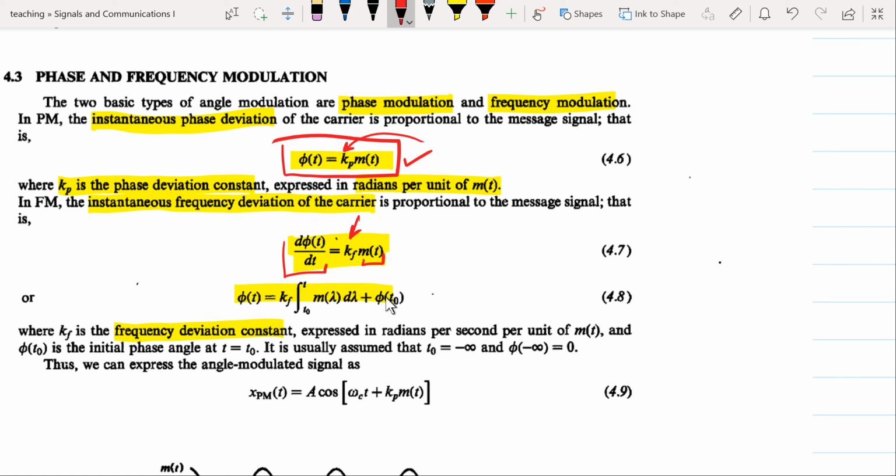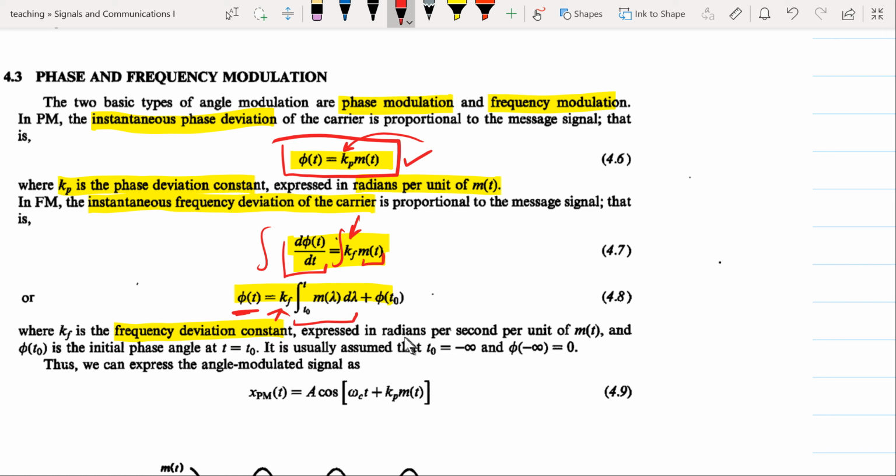And therefore, if we integrate both sides of equation 4.7 with respect to time, we end up with equation 4.8 that defines the phase of the message, which is phi of t, dependent on time, multiplied by the constant of proportionality, that is the instantaneous frequency deviation constant kf, and therefore relates to the integral of the message with respect to time.